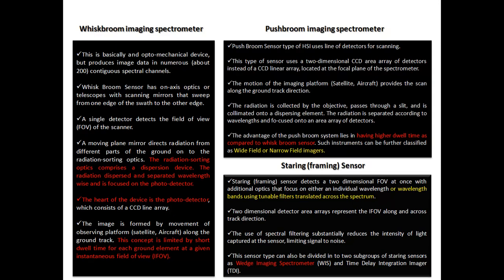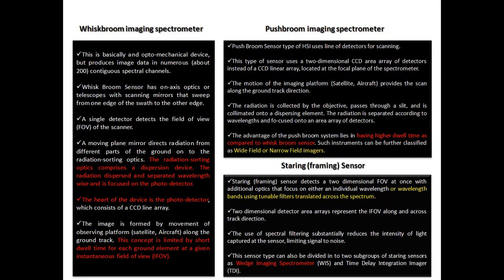In the case of the Whiskbroom imaging spectrometer, single detectors are used. But in the case of the Push-Broom imaging spectrometer, line detectors are used.